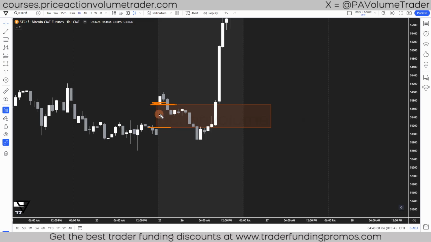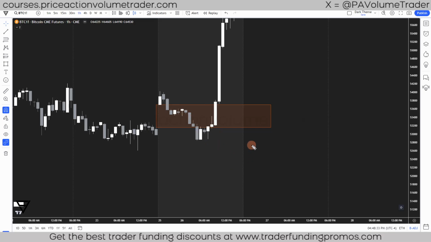So the strategy for these gaps is pretty simple, and it's just that you're going to be targeting a close of this gap. Now, depending when it closes, it can either be like this case where you close and then you continue in a directional movement in the opposite direction, or sometimes you can close it and then just continue to the other side.